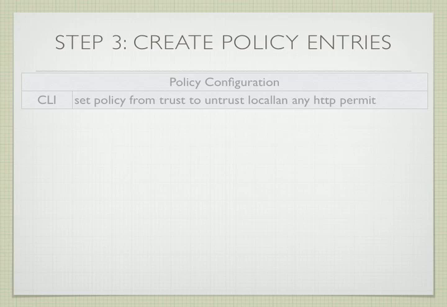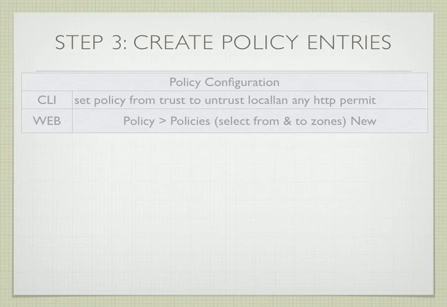So we have set policy from the trust zone to the untrust zone using the local LAN address object to any address using HTTP protocol and permit the traffic. So that's the order of the elements in the command line.